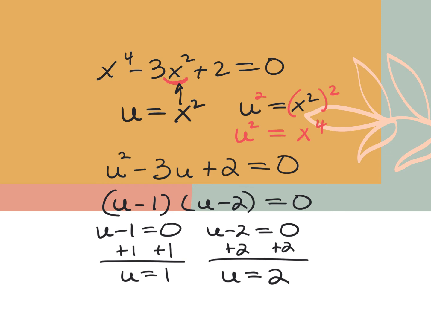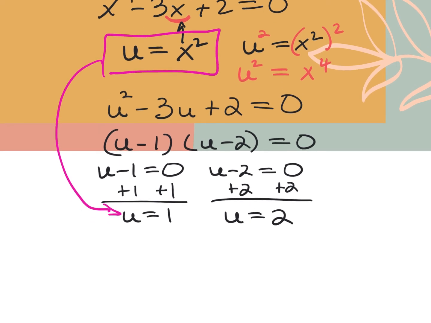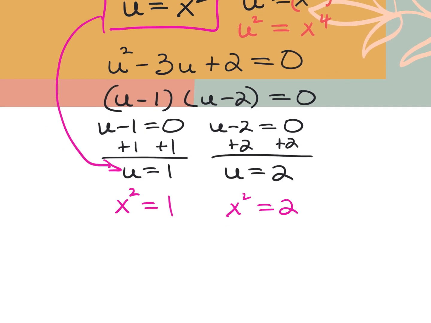Now, the question's not going to say find the value of u, it's going to say solve for x. So now what I have to do is go back to see what I set u equal to, and substitute that in. So really what I'm going to get here now is x squared is equal to 1, and x squared is equal to 2. I'm going to use my square root method, and I get x is equal to plus and minus 1.